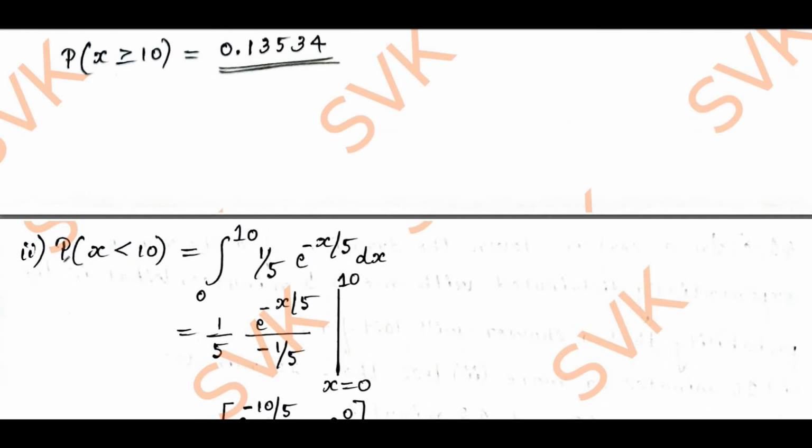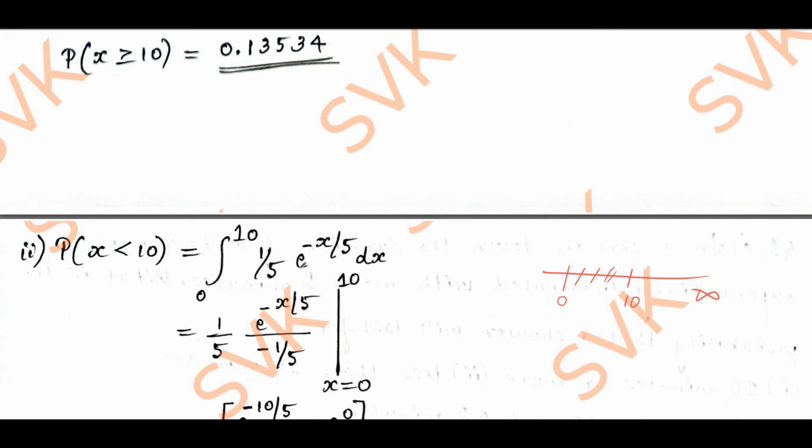Going with the next value, to find the probability of x less than 10: as we know the function f of x is defined only in the interval 0 to infinity, and they are asking for x less than 10, the probability can be written as the integral from 0 to 10 of 1 by 5 times e power minus x by 5 dx.